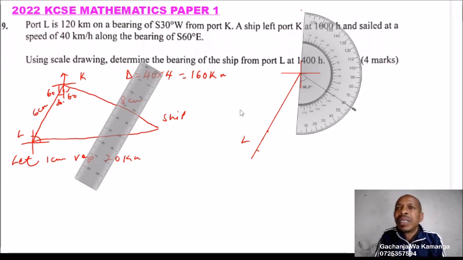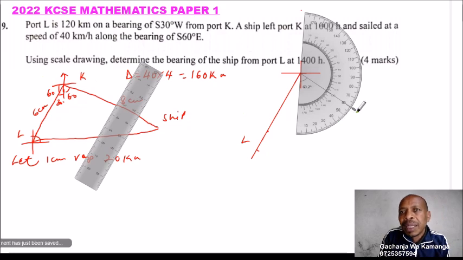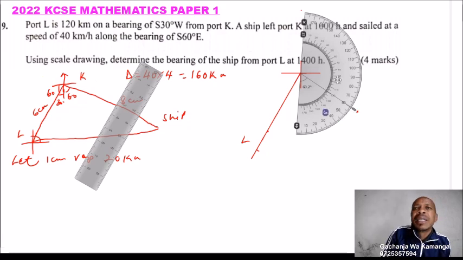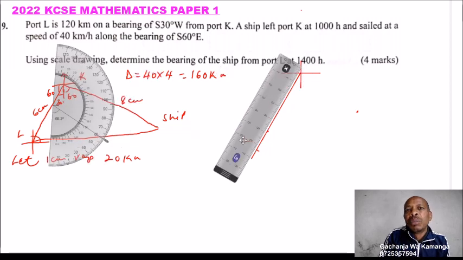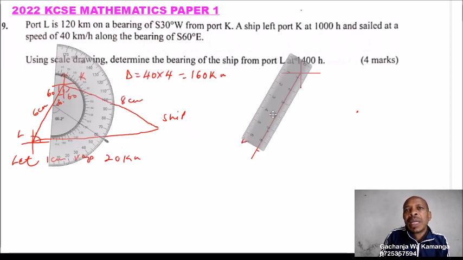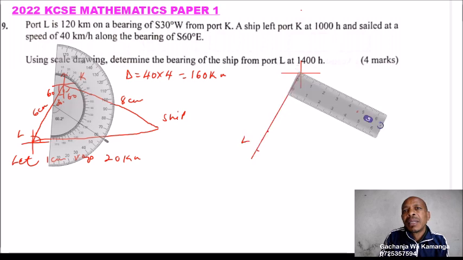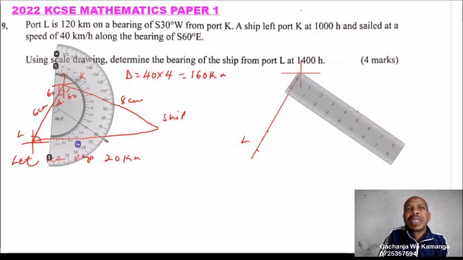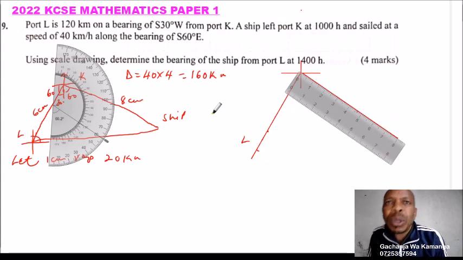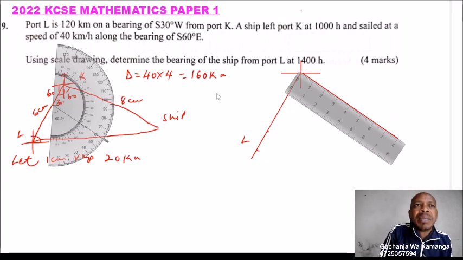So we just make a mark there, and we again use your ruler to draw that line. And that line is 8 centimeters. So we can get our centimeter there.